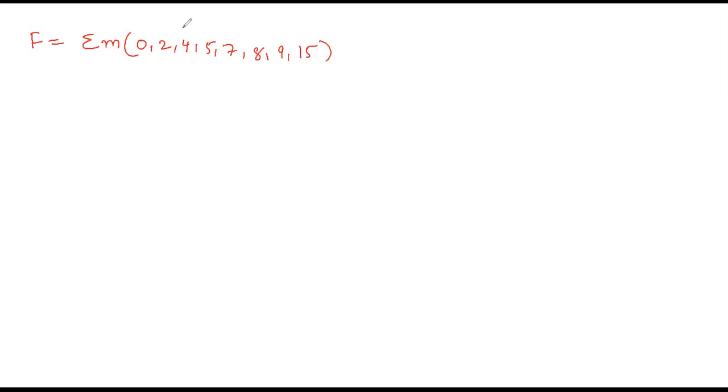In this case, what you have to do is look for the largest minterm. The largest minterm is 15, and 15 can be written in binary with 4 bits. Each bit indicates one variable. So we have to use a 4 variable K-map.